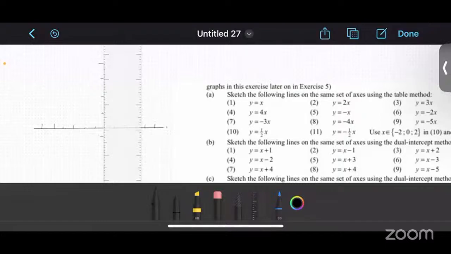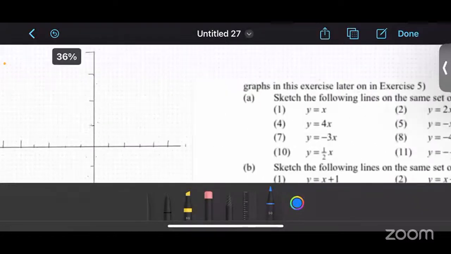Where's the back thing? Okay, I think this is better. What do you guys think?